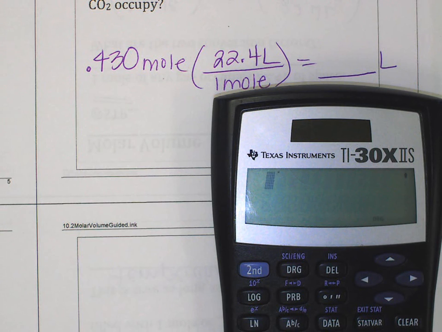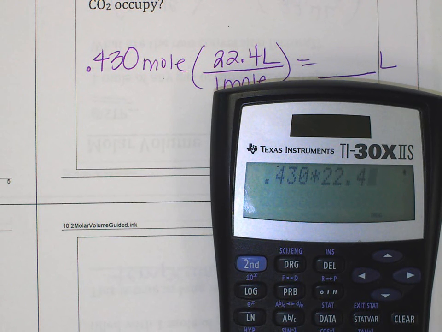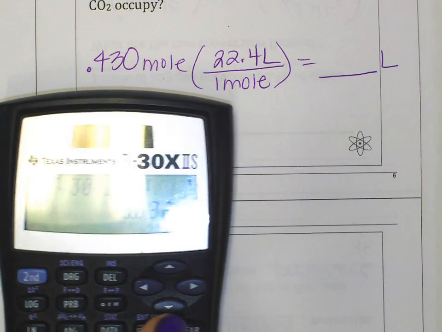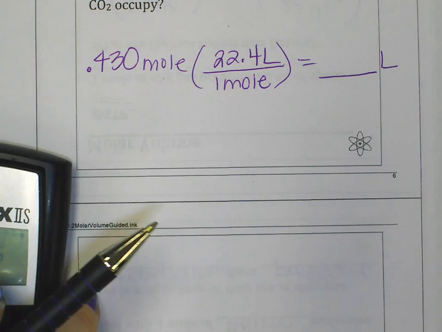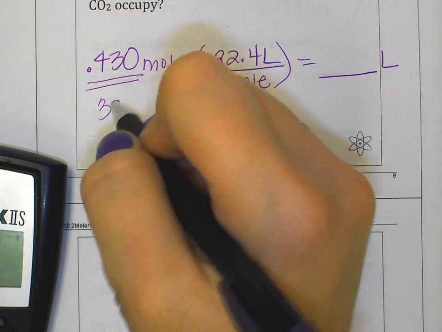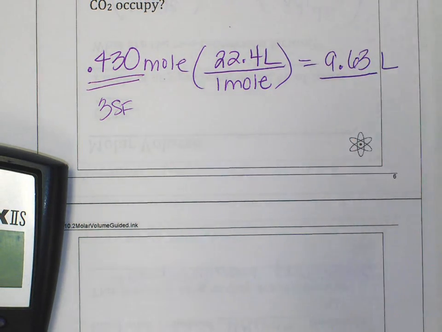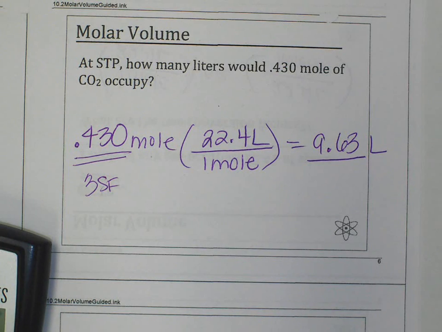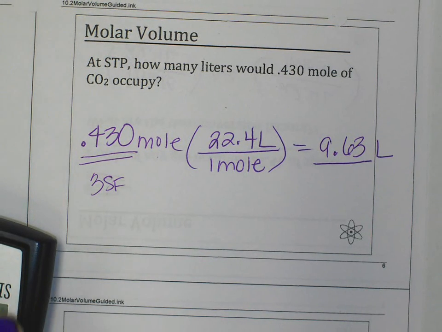So I'm going to take 0.430 times 22.4. I get 9.632. So I'm just going to change that to make sure it has the same sig figs as this, which has 3. So 9.63 liters. So that's a one-step conversion. That's what we've been working on.